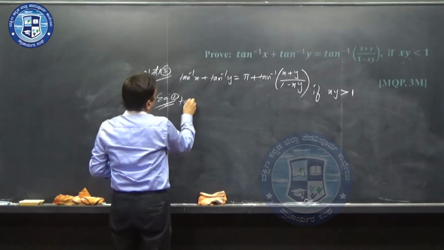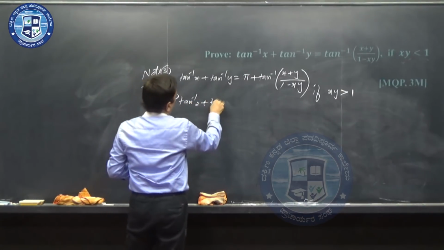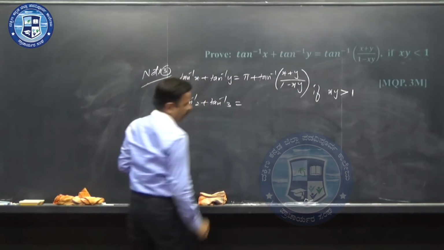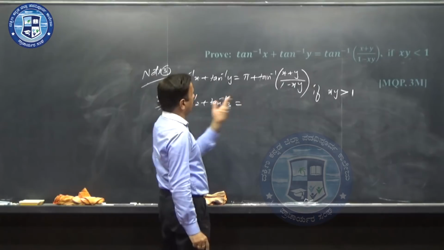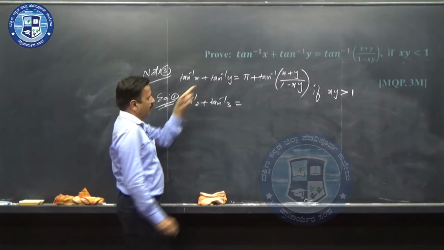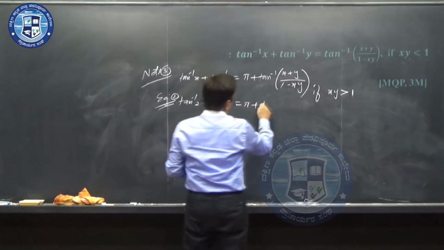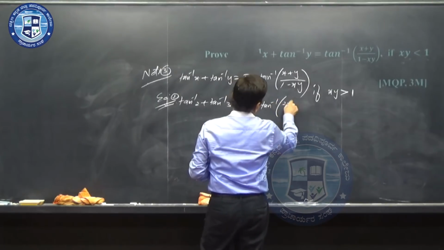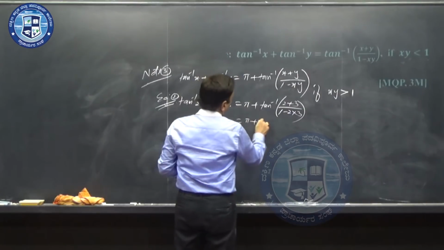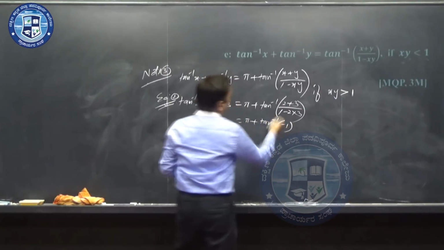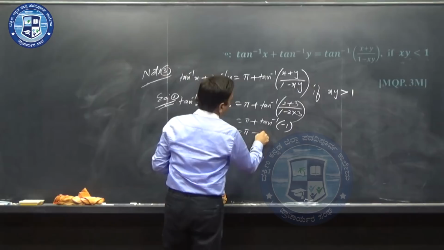Let me give the example. Example 1, tan inverse of 2 plus tan inverse of 3. Here x into y is 6, product of xy is more than 1. It falls under this category, pi plus tan inverse of 2 plus 3 divided by 1 minus 2 into 3, that is equal to pi plus tan inverse of minus 1, that is equal to pi minus pi by 4.